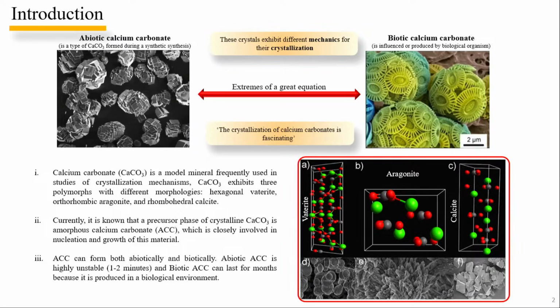Amorphous calcium carbonate can form both abiotically and biotically. Abiotic amorphous calcium carbonate is highly unstable, lasting 1 to 2 minutes, while biotic amorphous calcium carbonate can last for months because it is produced in a biological environment.